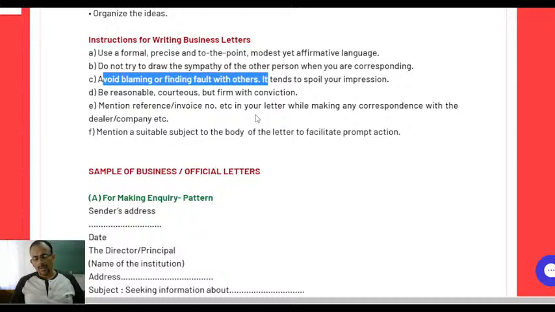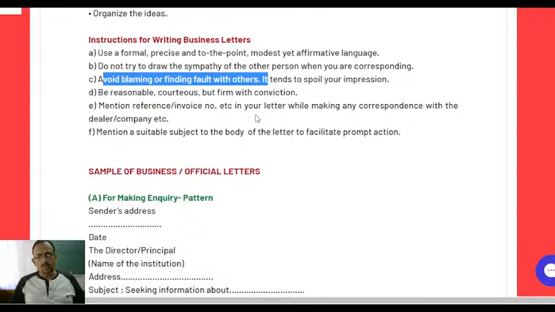I mean replace the item. Nowadays there is provision for replacement if you purchase from e-commerce sites like Amazon, Flipkart, Shopclues, all this. There are provisions for replacement if the product delivered to you is damaged or faulty, right?